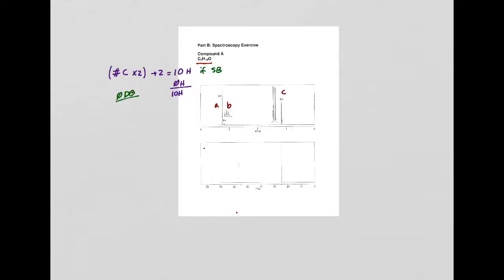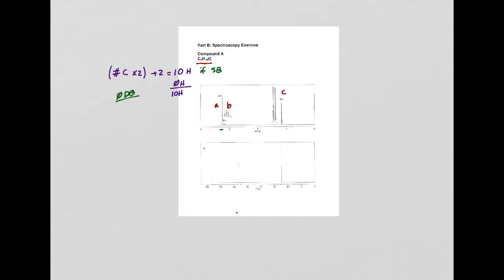The first thing you are going to do is look at the chemical shifts. Peak A is pretty downfield, about 3.5 to 3.6 ppm.